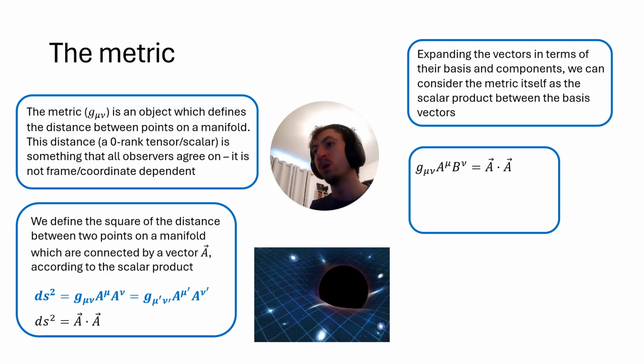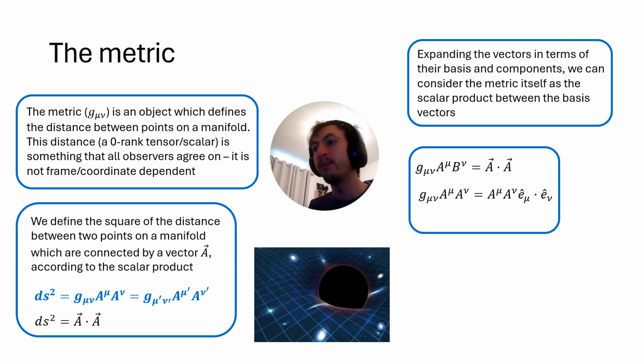It's just a more common way of writing the scalar product, which is particularly useful if we're dealing with familiar Euclidean geometry, where we just presume things about the metric through Pythagoras' theorem and don't need to worry too much about what the metric is. And then if we expand our vector A in terms of its components and basis vectors, we get this equation.